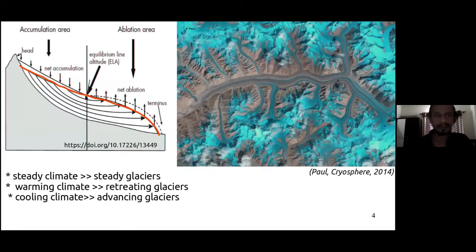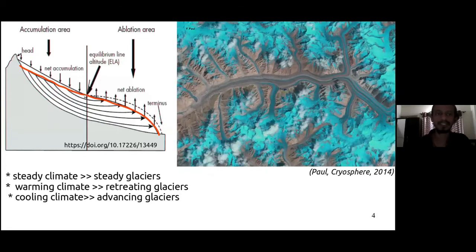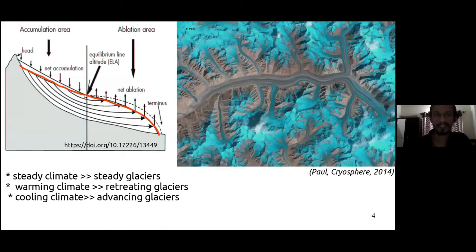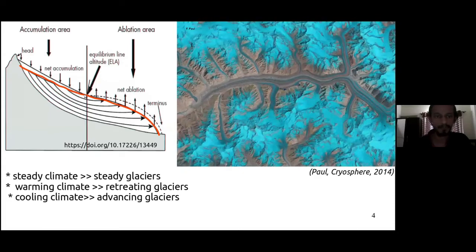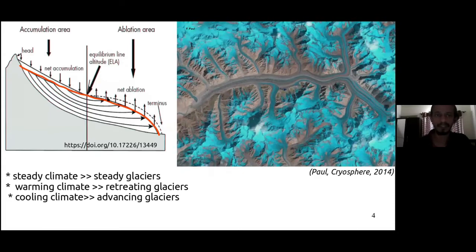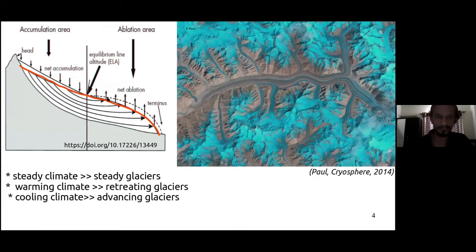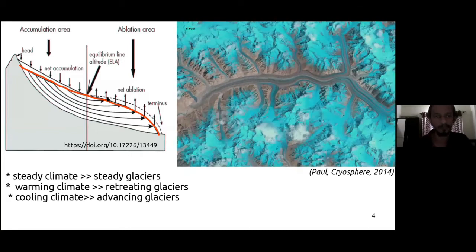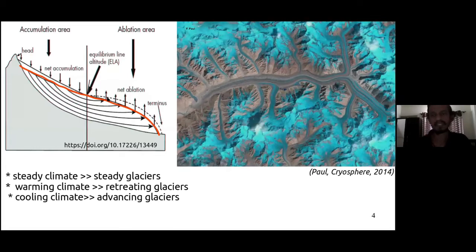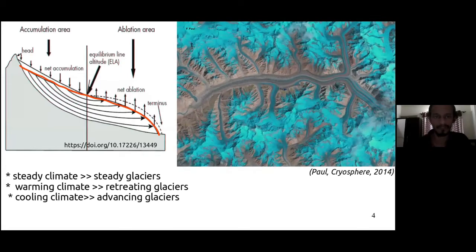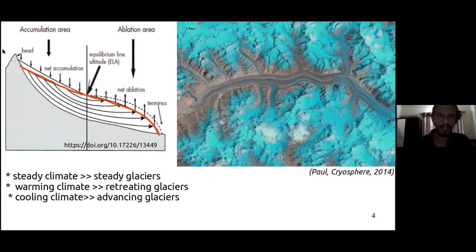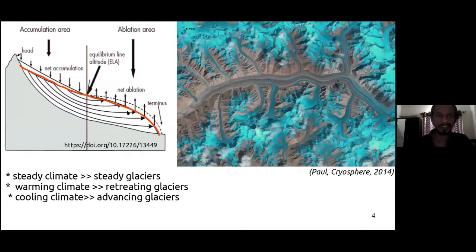And this is an altitude because typically energy balance, for example temperature, depends on altitude. So that way mass balance is taken to be an elevation dependent function. Measurements also show that it works well, and it's basically a linear or quadratic curve as a function of elevation. Above ELA it's positive, below ELA it's negative.